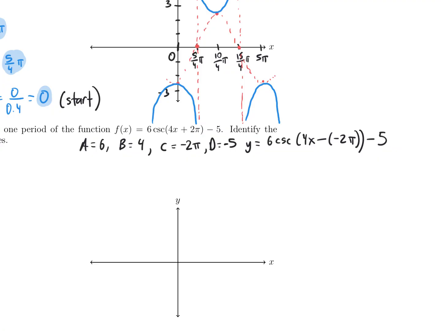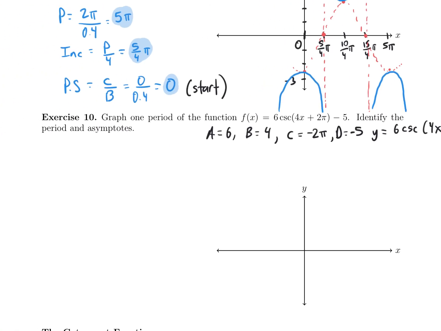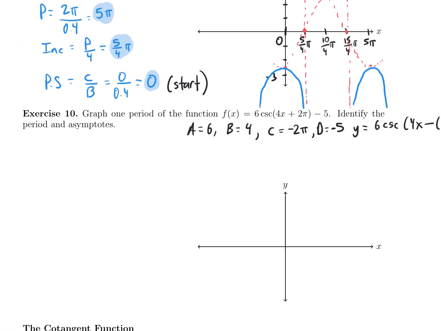Okay, so let's start with the midline. The midline, as you can see, is D, negative 5. So we'll write that out. Midline is y equals negative 5. Amplitude is the absolute value of 6, which is 6. Period is 2 pi over the absolute value of b, which is pi over 2.